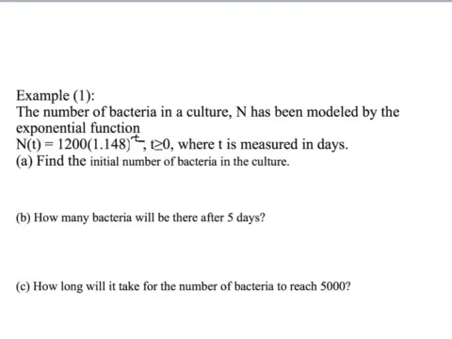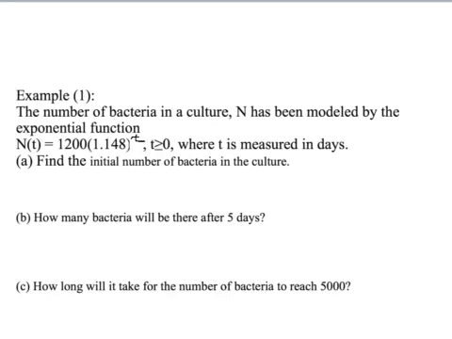So our first example, the number of bacteria in a culture, n, has been modeled by the exponential function n of t is equal to 1200 times 1.148 to the power of t, where t is greater than 0, and it's measured in days.